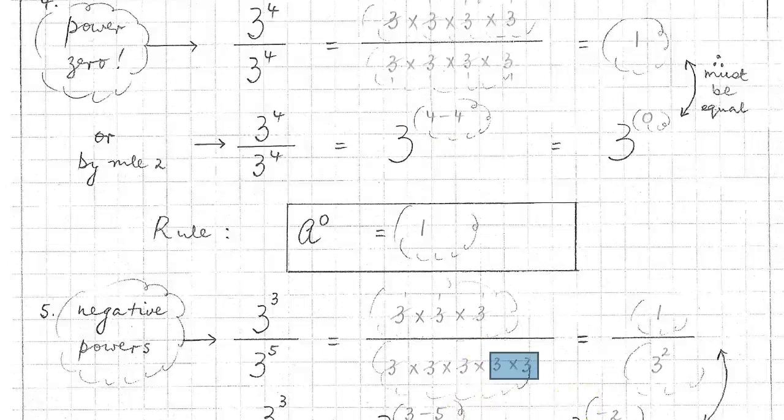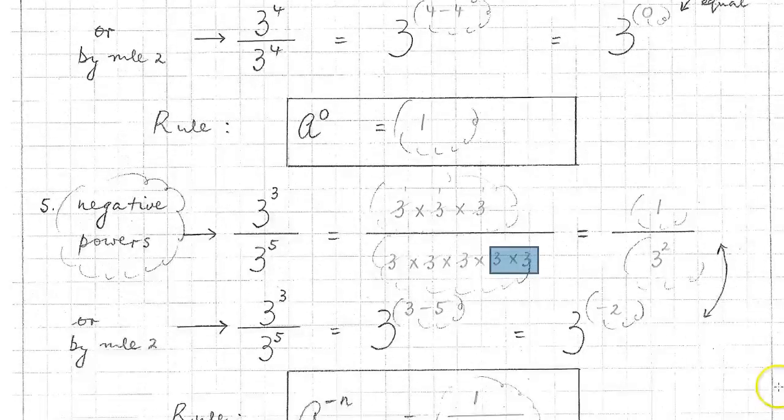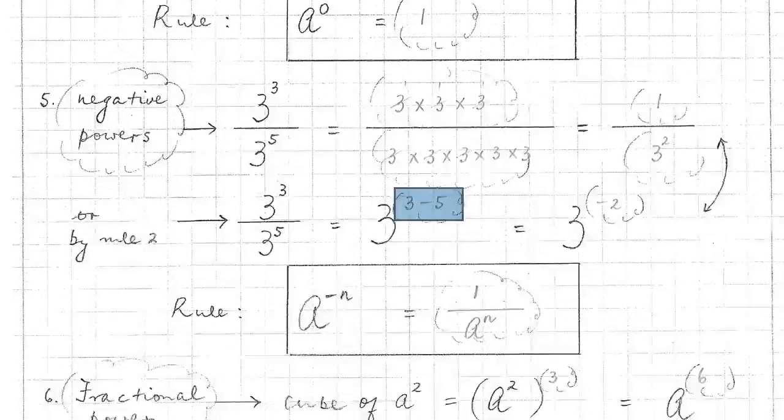So you've got 1 left on top, and 3 squared on the bottom. But if you used your rule, you'd have 3 to the power 3 minus 5, and that's minus 2. So you realize 3 to the power minus 2 actually means 3 squared in a division on the bottom.